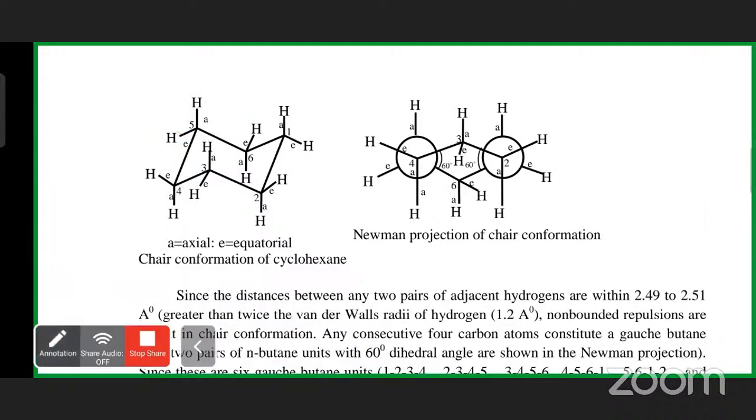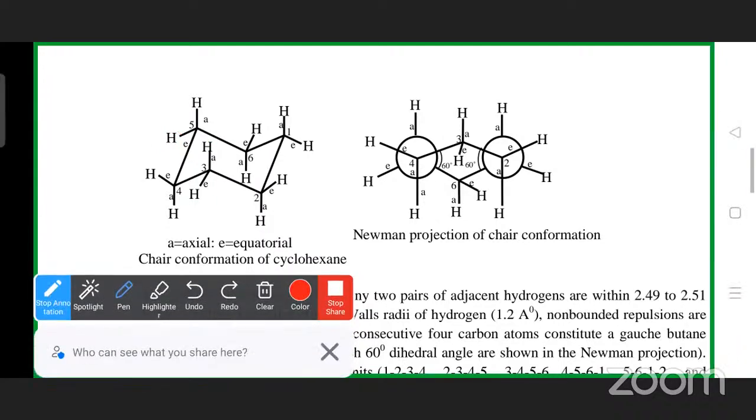Here, the chair conformation is converted into the Newman projection formula. The Newman projection is the best way to represent the conformation, and from this you can see the orientation of the bonds, how they are aligned, whether they are anti-aligned.